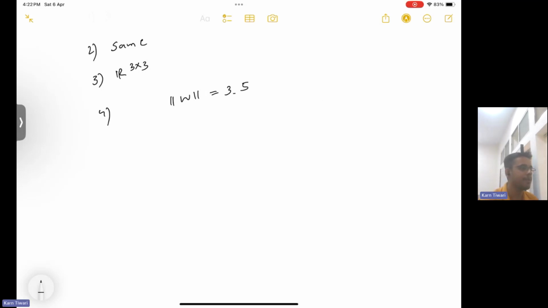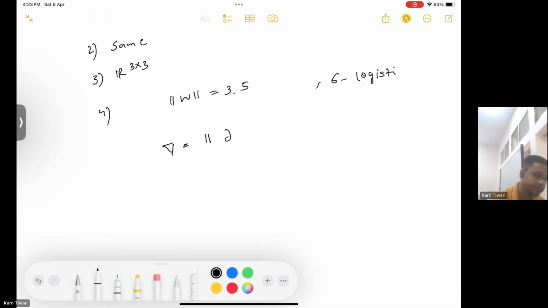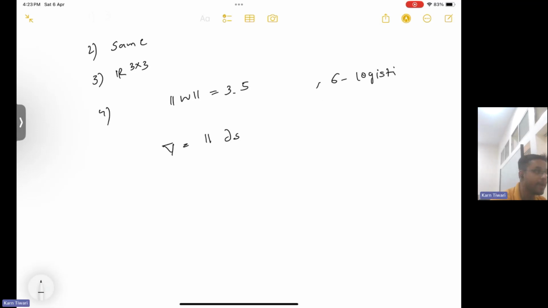What can we say about the gradient, given the activation is logistic? The gradient is dou of S20 divided by dou of S1.